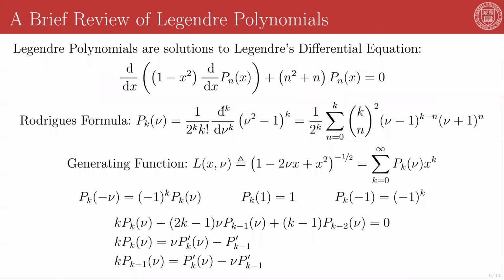Legendre polynomials are solutions to Legendre's differential equation, which has the form d/dx of (1 - x²) times d/dx of P_n(x), plus (n² + n) P_n(x) equals 0.